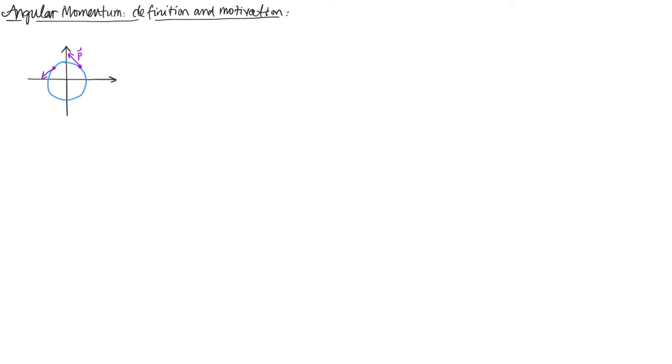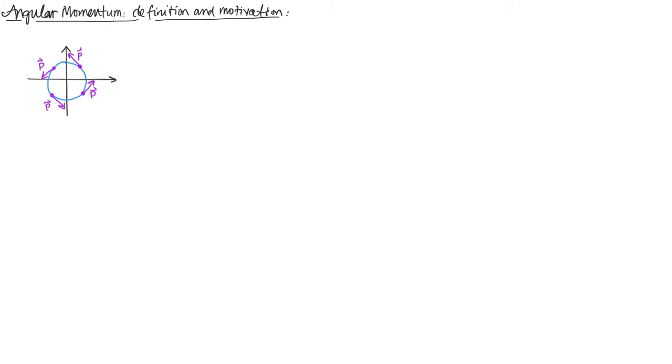So the p vector is constantly changing, even though there's something that's static about this system, right? The particle is just moving in a circle over and over and over forever. So it seems like there's got to be a better way to talk about this motion. That's one motivation. There's something constant about this system, even though it's not the momentum that's constant.